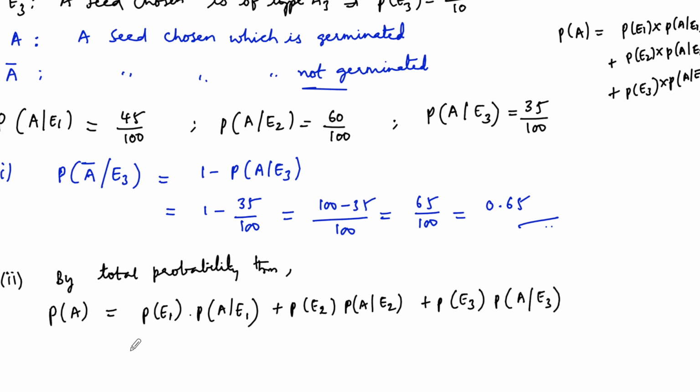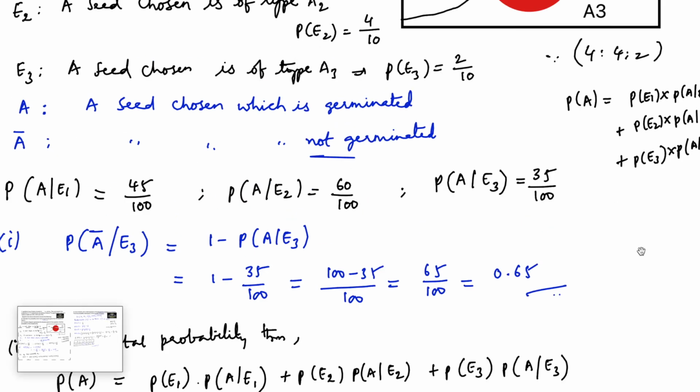So the probability of E1 is 4 upon 10, because the ratio is 4:4:2.